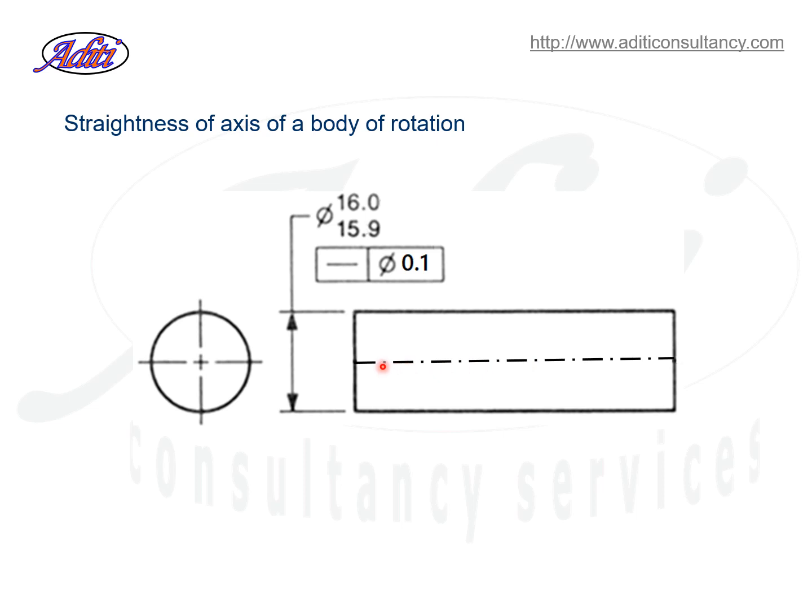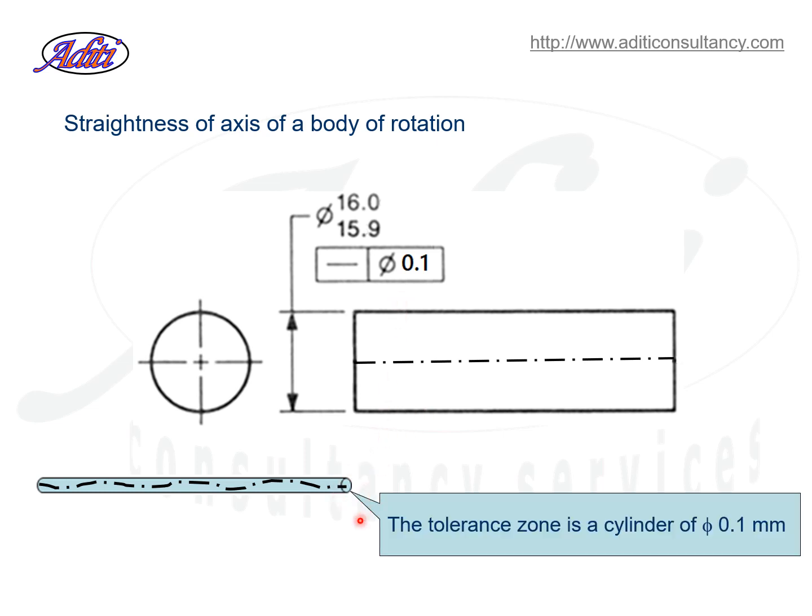It is derived from the points on the surface, but this axis is supposed to be straight within a cylindrical tolerance zone. 0.1 mm means what? That derived line which is supposed to be straight, if it is not straight, you should be able to enclose it inside a cylindrical tolerance zone of 0.1 mm. That is the meaning of straightness of axis.